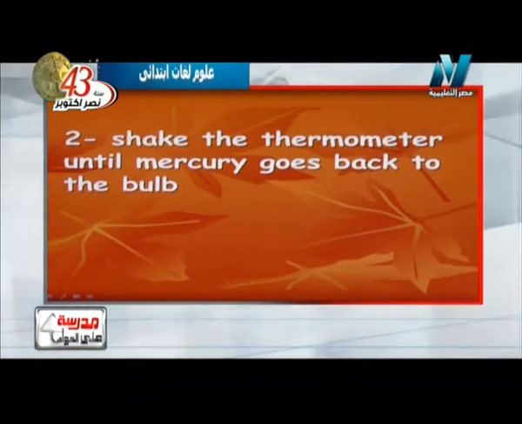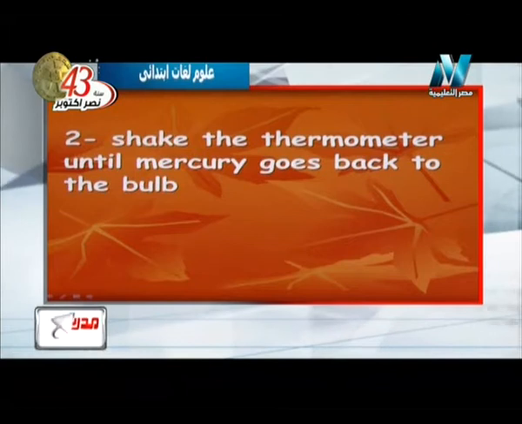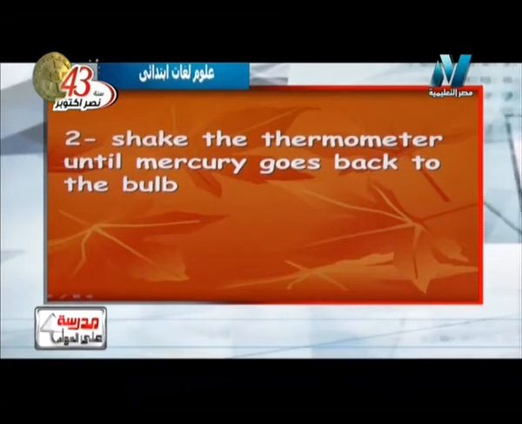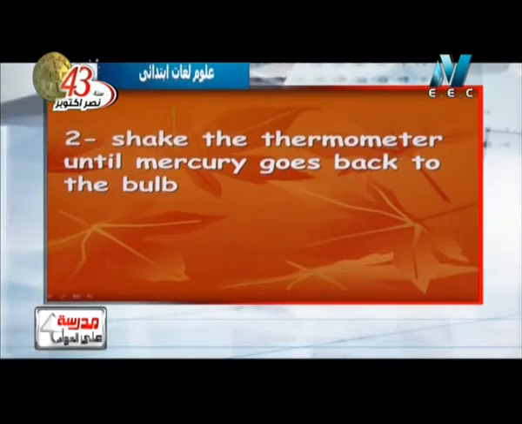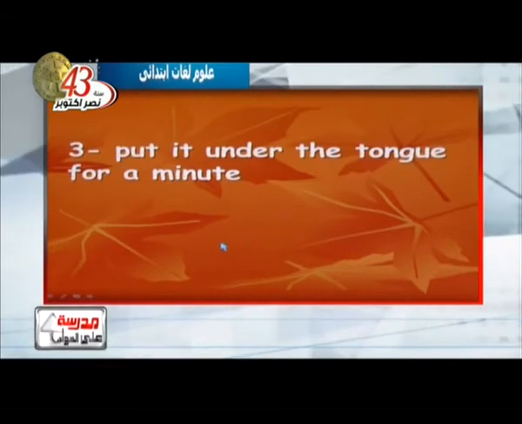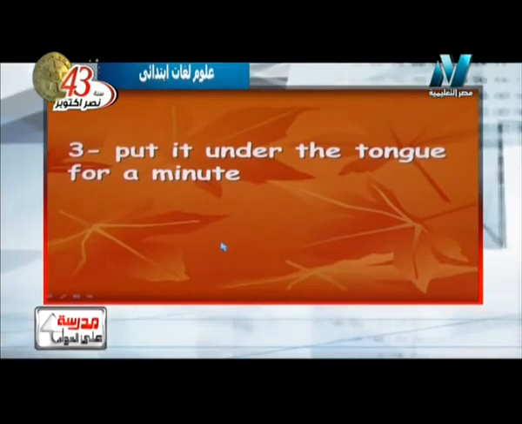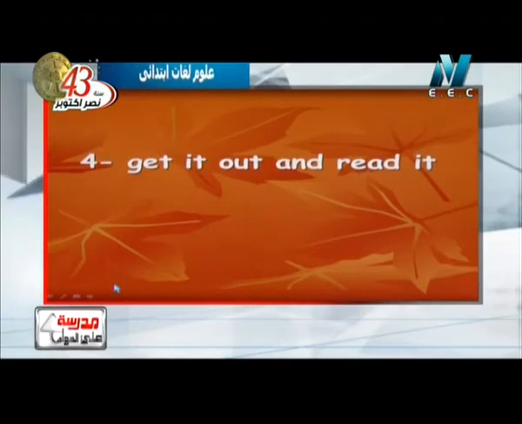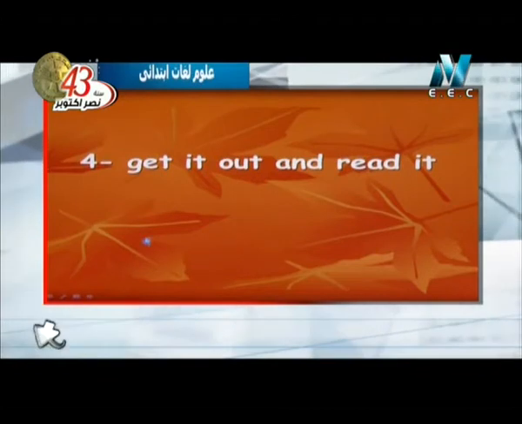And I said the bulb, البulb معناها هنا مستودع أو خزان الزئبق, المكان اللي بيكون at the bottom of the thermometer that contains mercury. So the third step, الخطوة الثالثة, put it under the tongue for a minute. Fourth step, الخطوة الرابعة, get it out and read it.